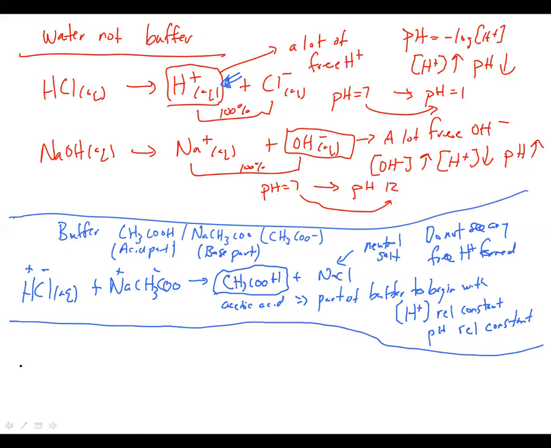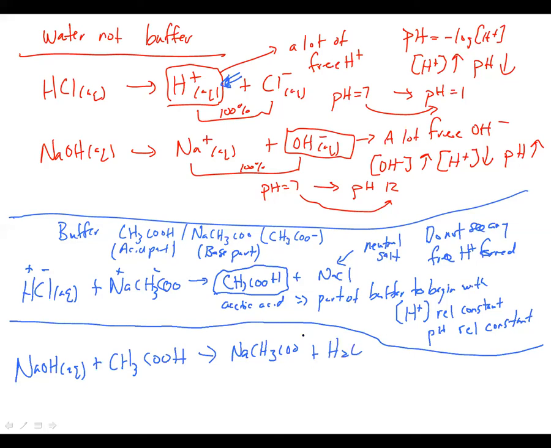Now, if we take sodium hydroxide like we did above and add it to the buffer, it's going to react with the acid part of the buffer, acetic acid, in an acid-base reaction, and it's going to make sodium acetate and some water.